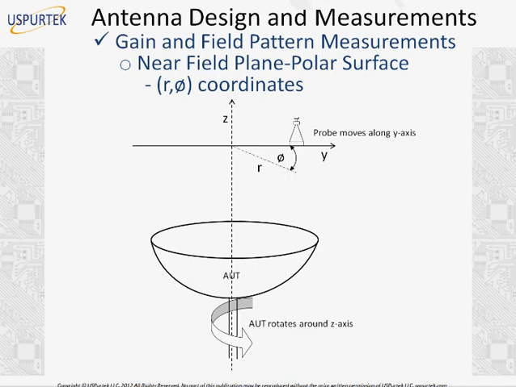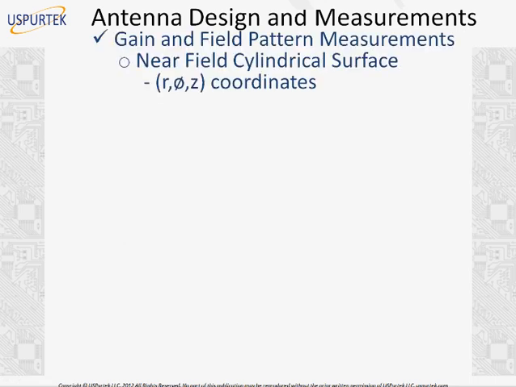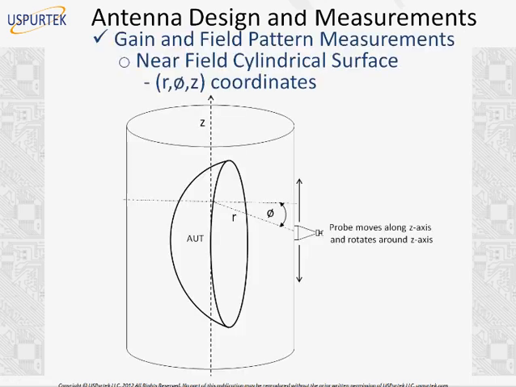They are very useful to compute the near field for a high gain antenna. Another surface you could use to measure the near field is a near field cylindrical surface. Here the probe moves along the z-axis and rotates around the z-axis, and you get r, phi, and z coordinates. This is again very useful for high gain antennas.